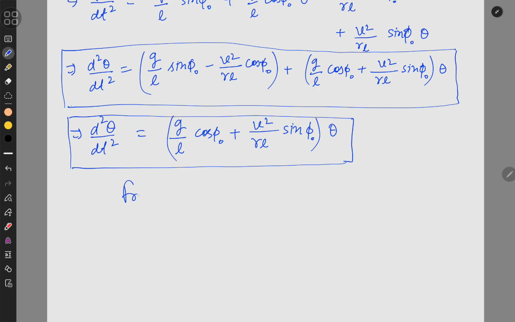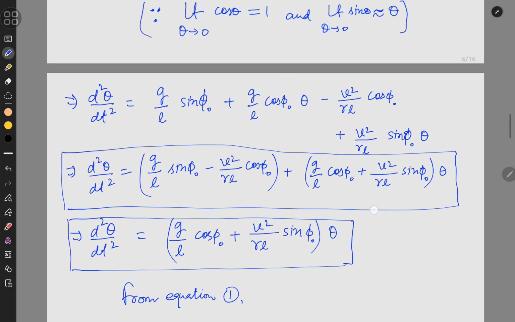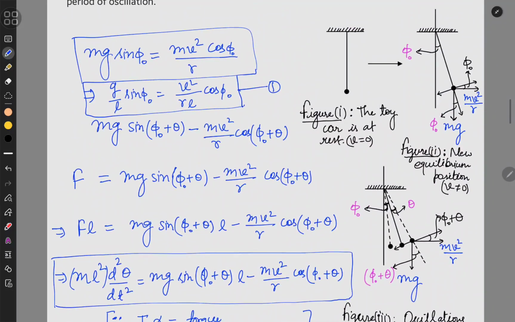From equation 1, if we see that g upon L sin phi naught equals v squared upon RL cos phi naught, this gives us tan phi naught.